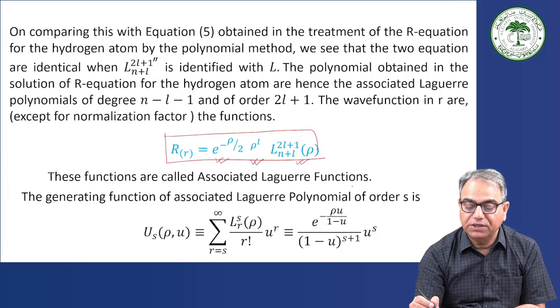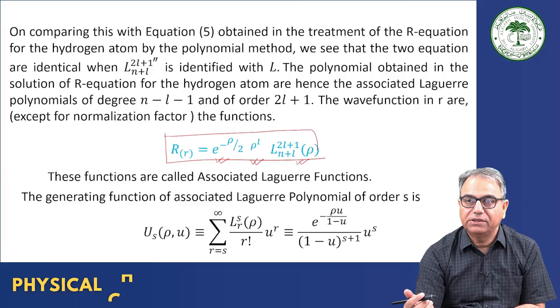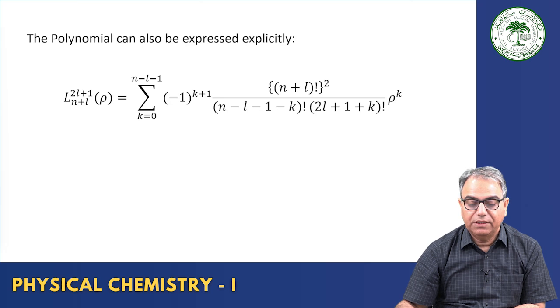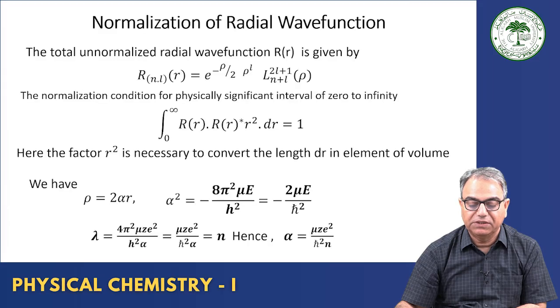Now, once you have this function, we can go ahead and calculate different associated Laguerre polynomials. Okay. If I express this explicitly, this polynomial could be expressed like this one.